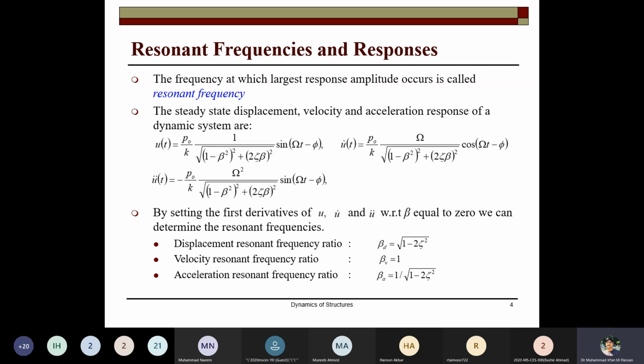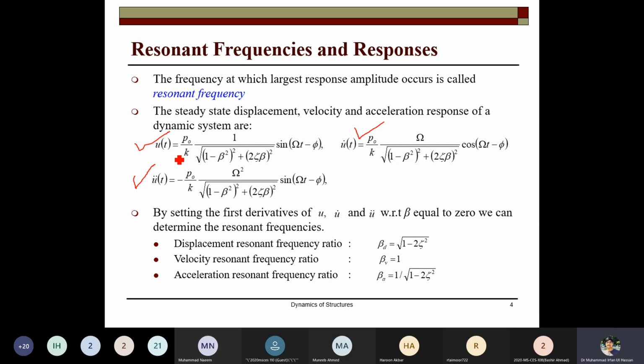Frequencies at which the larger response amplitude occurs are called the resonance frequency. So these are the three responses: ut, acceleration, and this one.